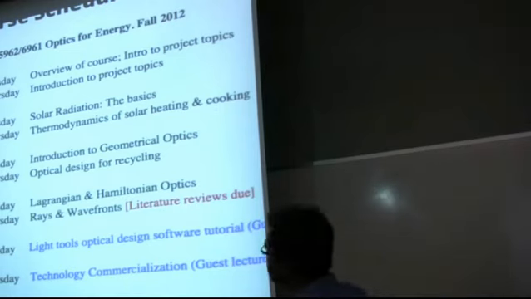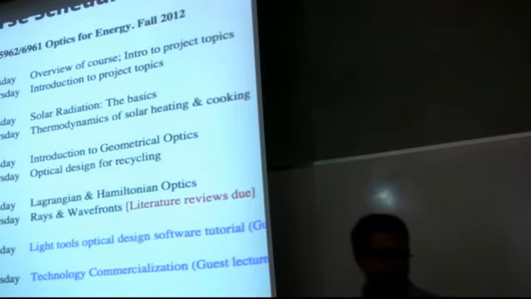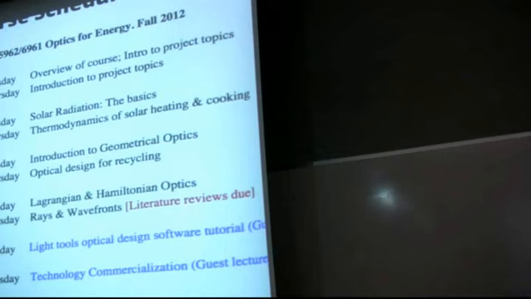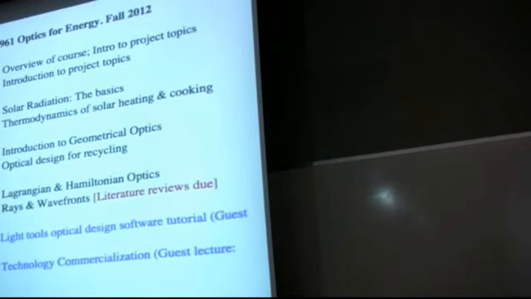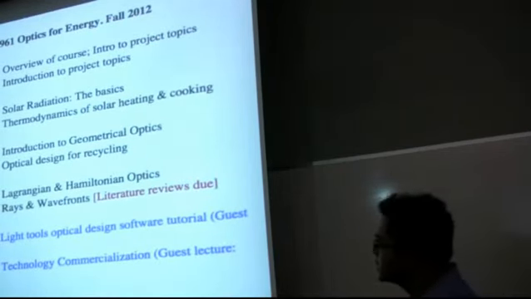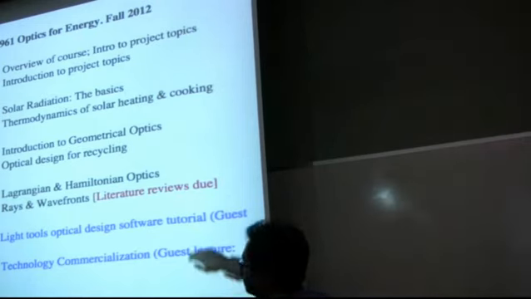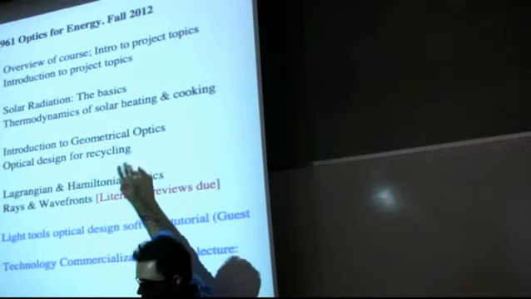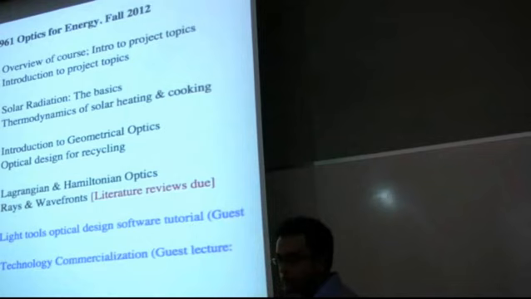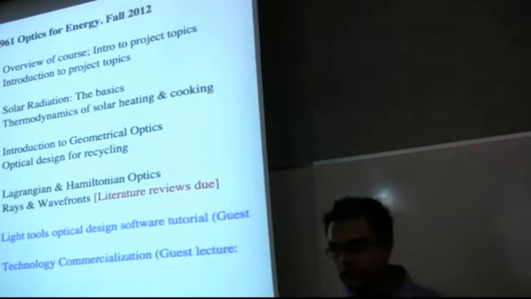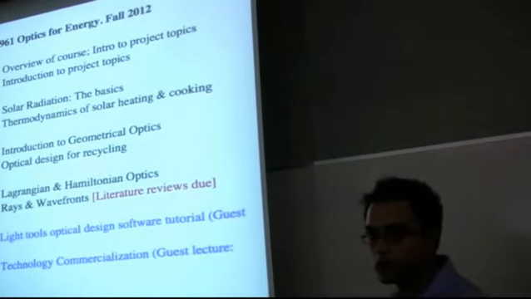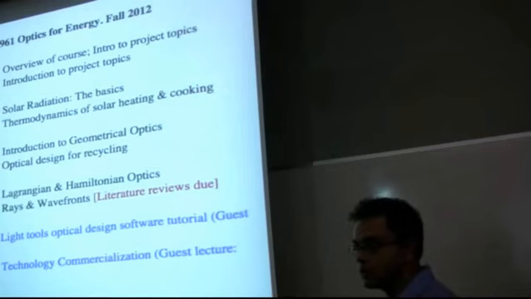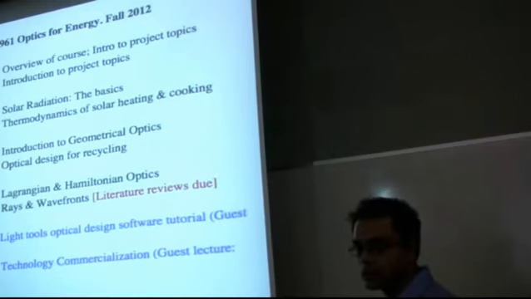Then we'll look at geometrical optics, which is something you should have seen before. Very basic stuff, but we'll go through it quickly. Then this is a very interesting topic I wanted to cover also up front, which is optical design for material recycling. It's a very particular application of optics, which is becoming very important in places like Europe.